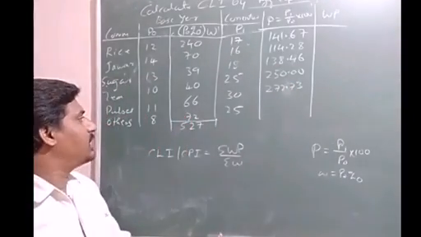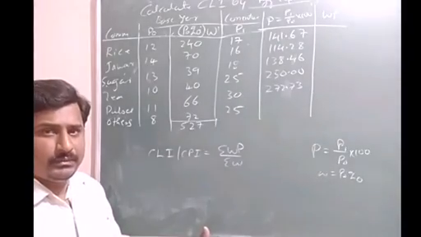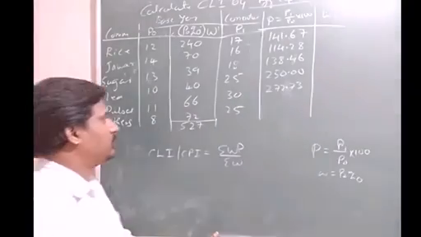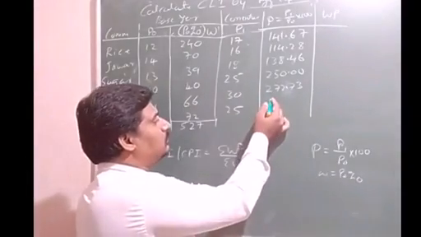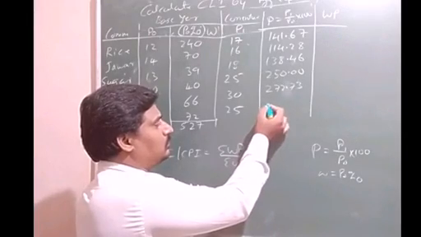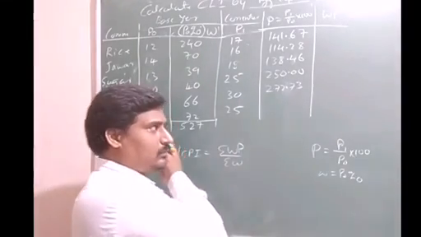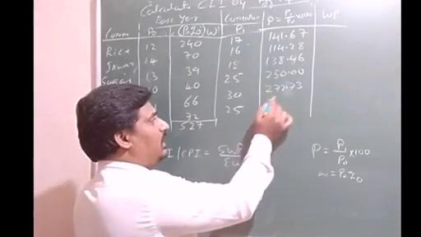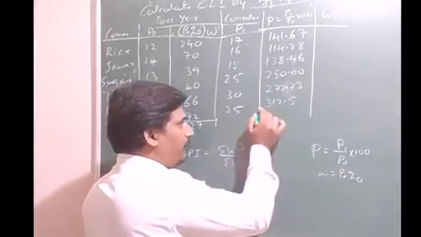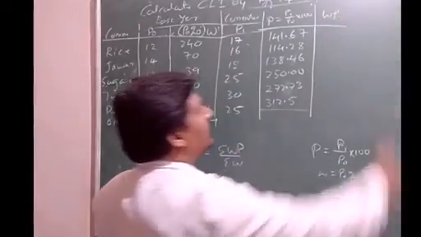Next 25 divided by 8 into 100, 312.5. Now W into P.